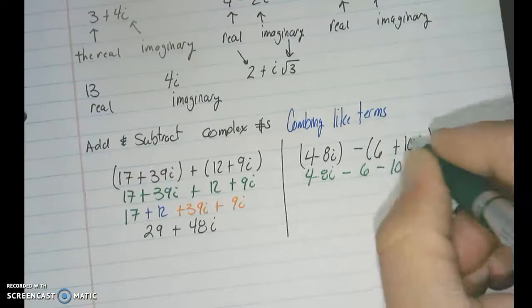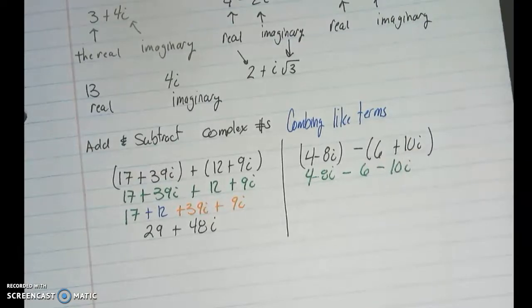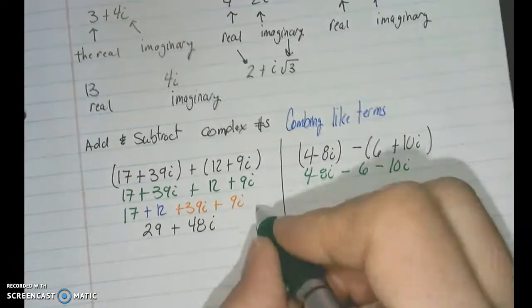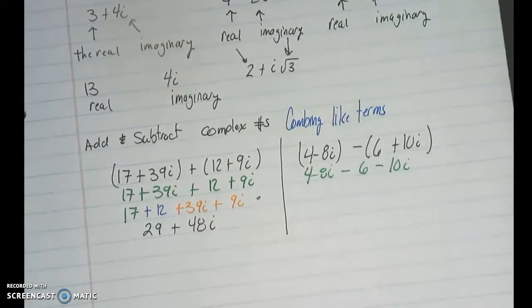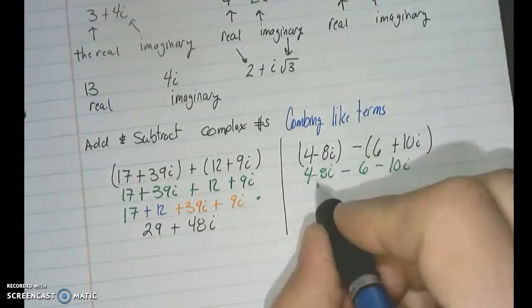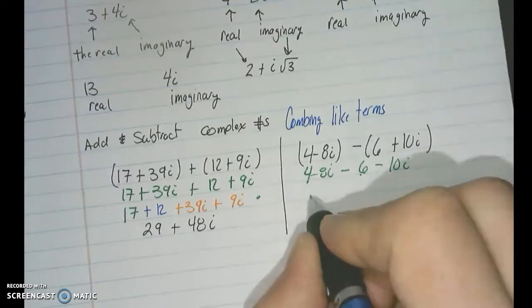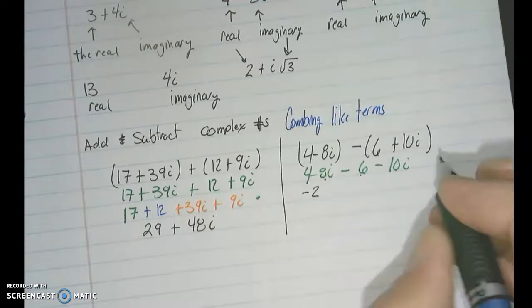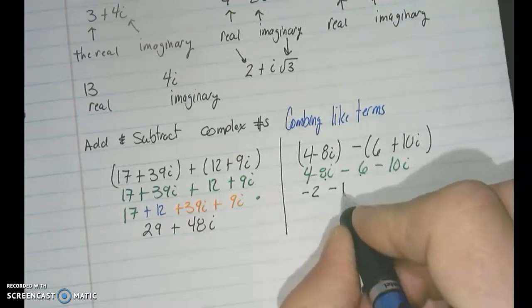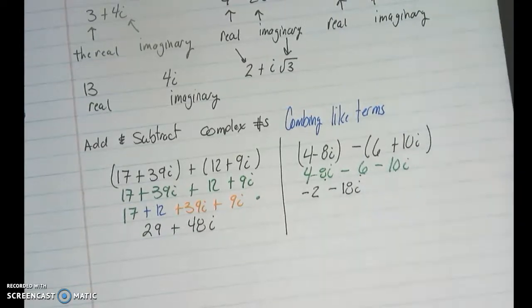We're carrying that negative into that parenthesis, okay? And I don't care if you don't do this step. Just make sure that you're doing what you need to be done, okay? So I'd go 4 minus 6, which is -2. I'd go -8i minus 10i, which would give me -18i. So that would be our final answer, okay?